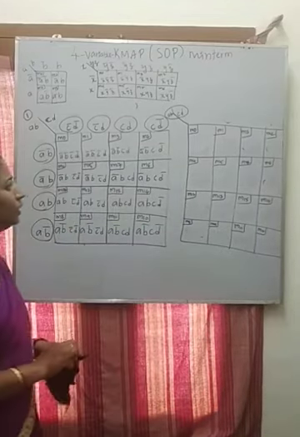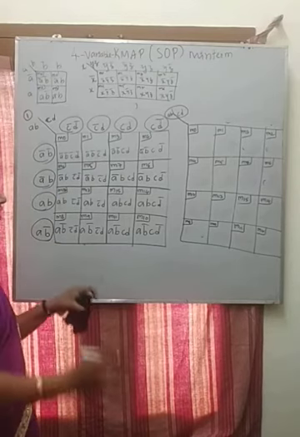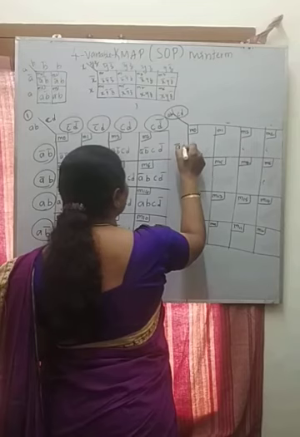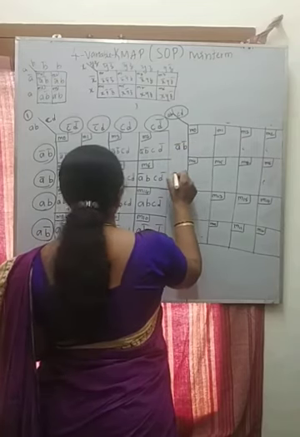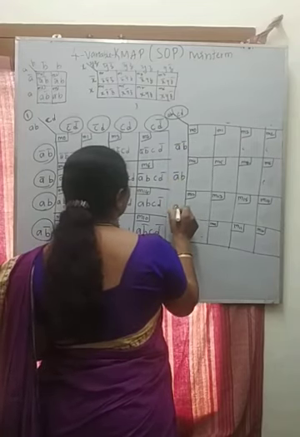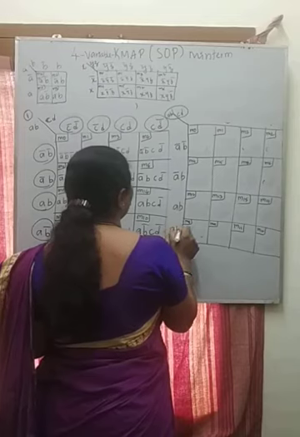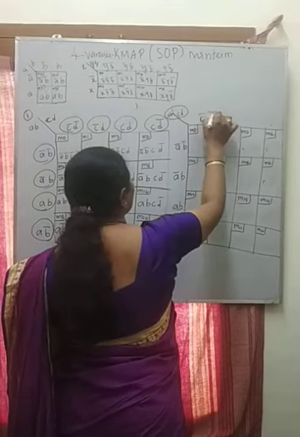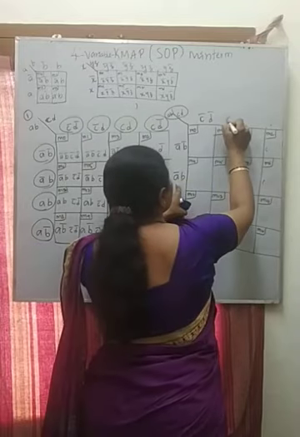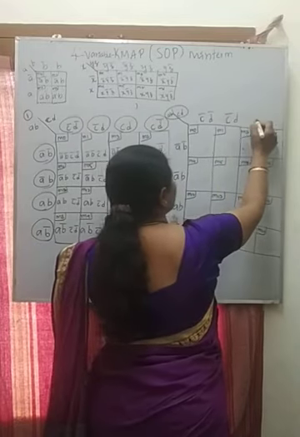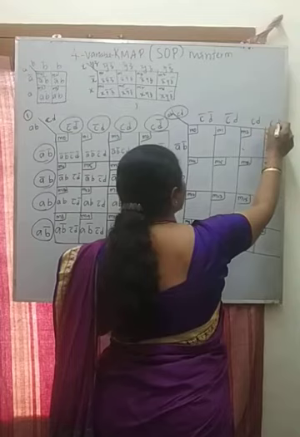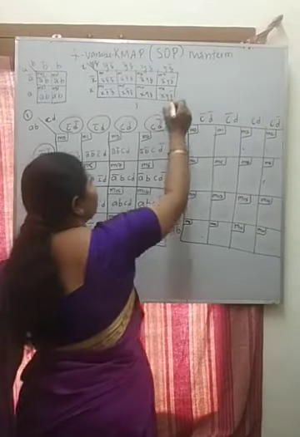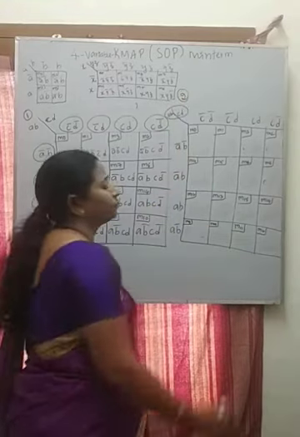Make another tabular structure like this with only the terms and only the row headings and column headings. C complement D complement, C complement D, CD, C D complement. This is only the second one.